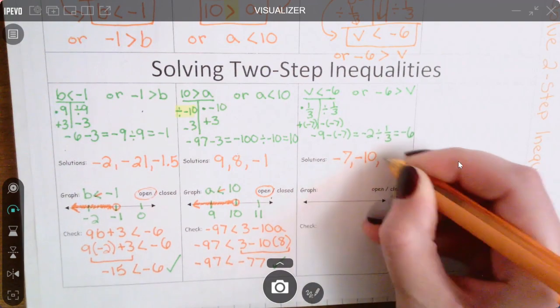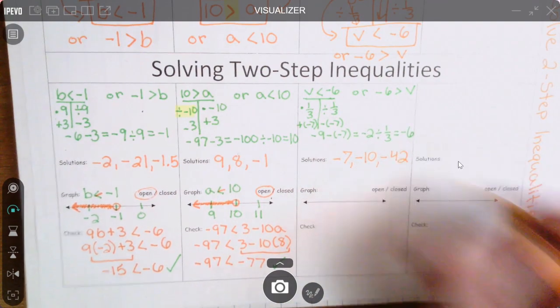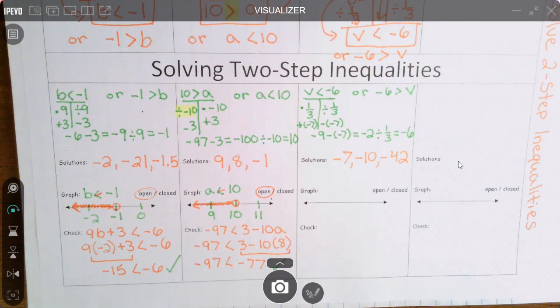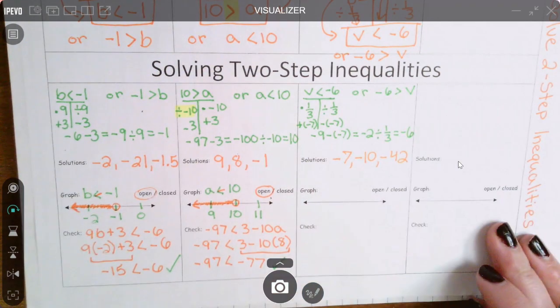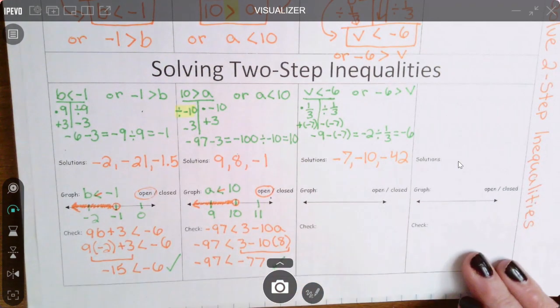Something as far to the left as -42. Okay, as long as it's to the left of it on the number line. I could not list -6 because I did not have that line under it meaning or equal to. And again, I could have used a decimal here like I did in the first one. Could have said -6.1 and it would have been a little bit more negative than the -6.